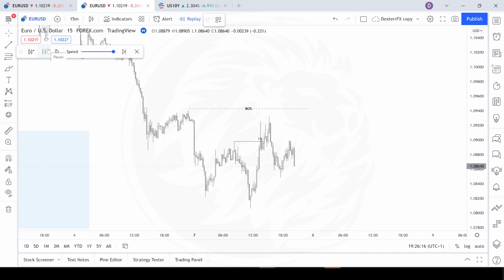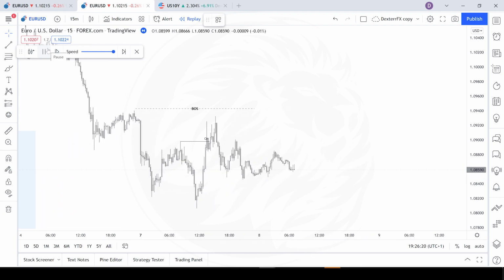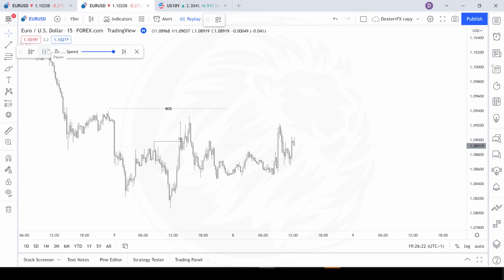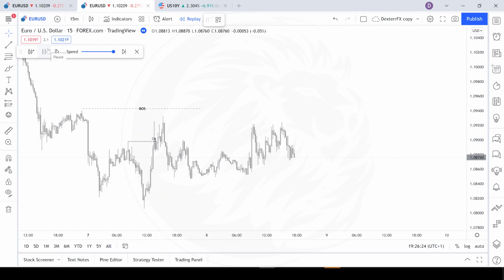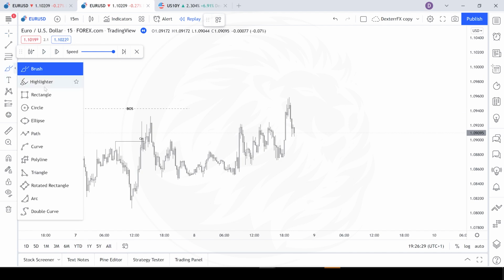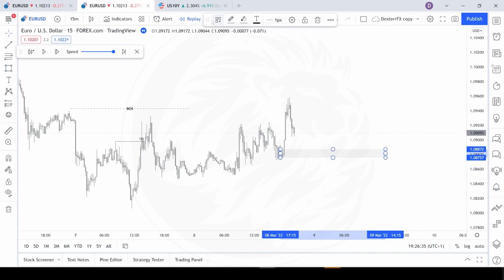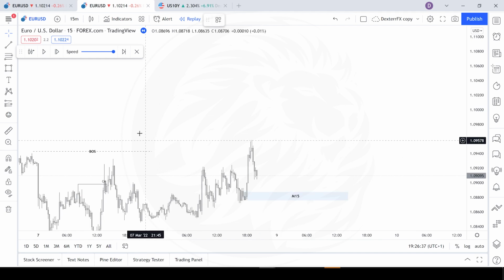Okay, we'll wait for the price to break the structure to be able to do something. Okay, here price breaks the structure, so I can now take this POI as the POI I will follow in M15.